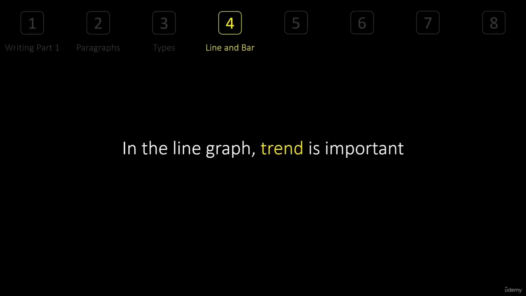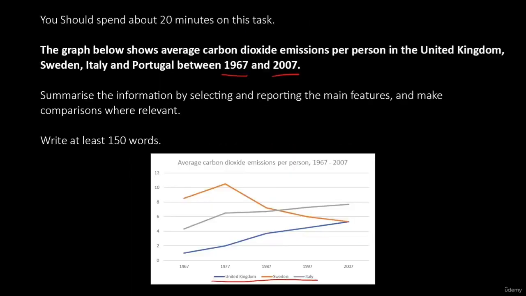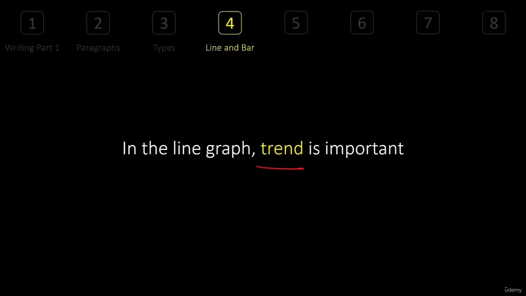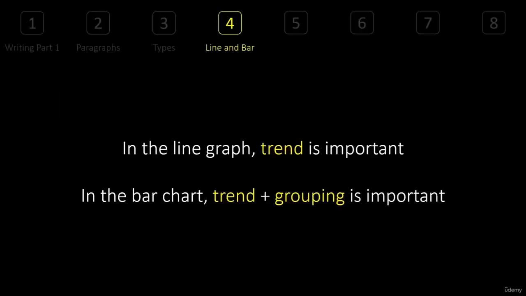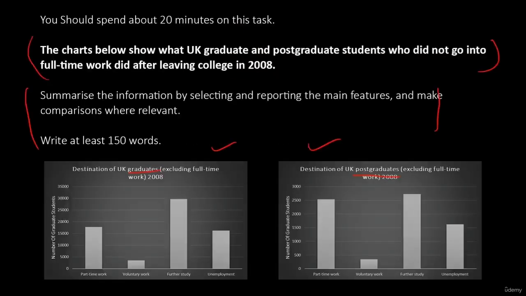Now remember, in a line graph, trend is important. What I mean by trend is you see that trend increasing, decreasing and going down, and sudden increase, sudden decrease. These are called trends. However, in case of bar chart, trend plus grouping is important. What I mean by grouping is, see, earlier we have seen this image.